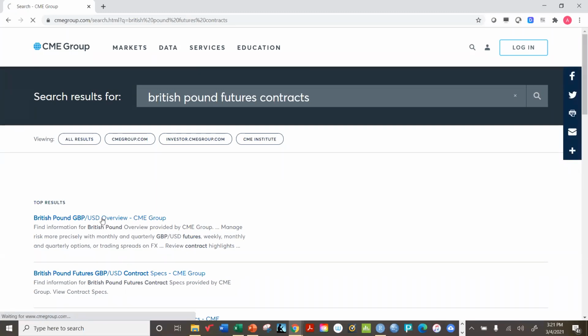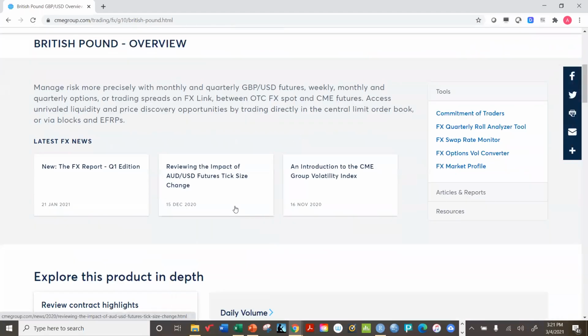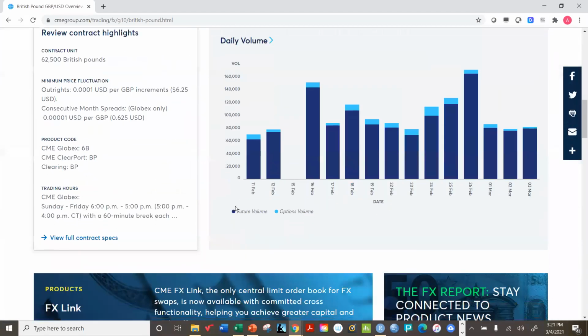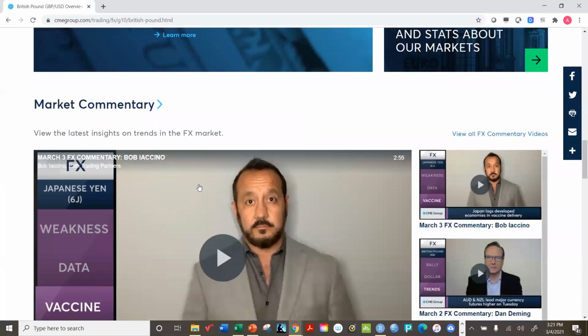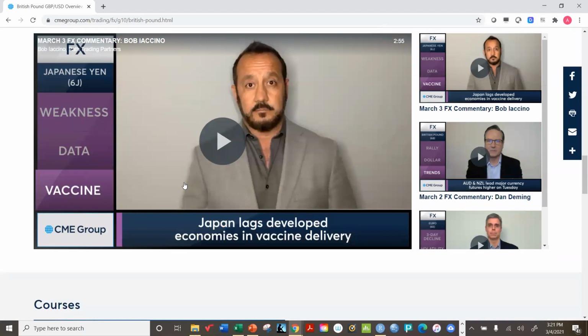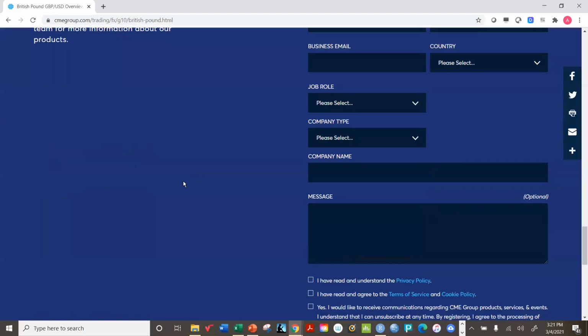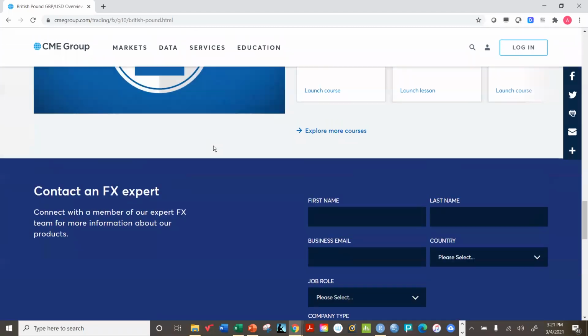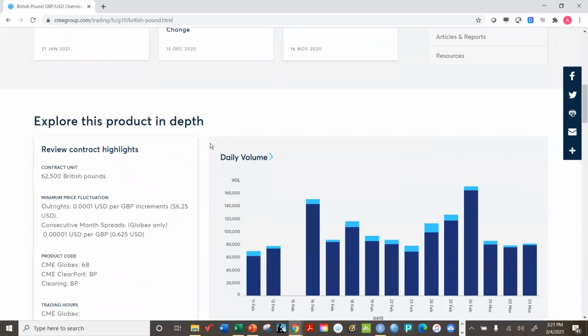Okay, I'm looking at British pound futures contracts. So this is the volume of trading, but I really wanted to look at the price quotes. Well, I was hoping that these would be the quotes.